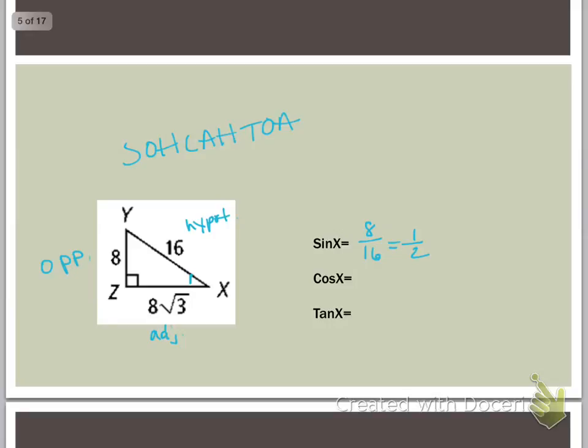Cosine is adjacent, so 8 square root 3 over hypotenuse, 16. So I would type in 8 square root 3. You have to press the over button in your calculator, divided by 16. That simplifies to square root of 3 over 2. And then tangent is going to be opposite over adjacent. So I type in 8 divided by 8 square root of 3, and I get square root of 3 as my simplified answer.